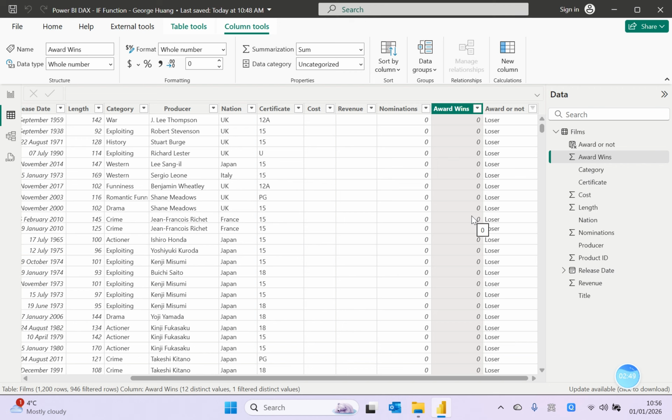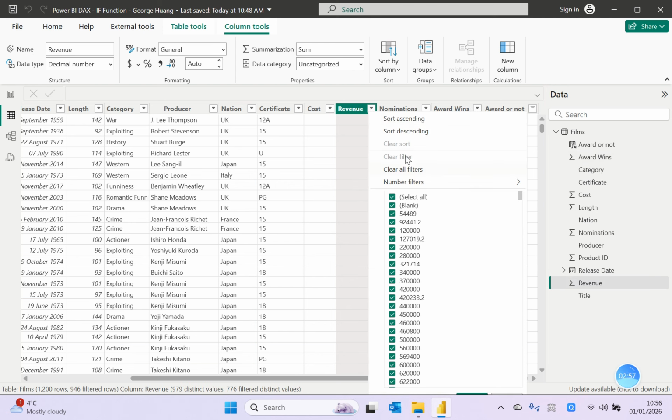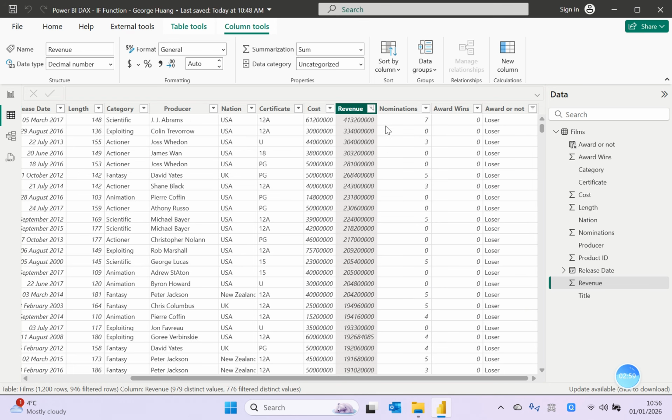That means, for example, we already have the data of the revenue, the box office for each movie.